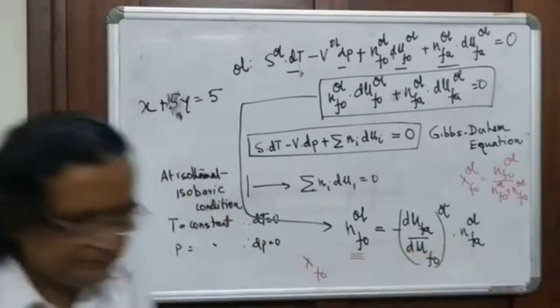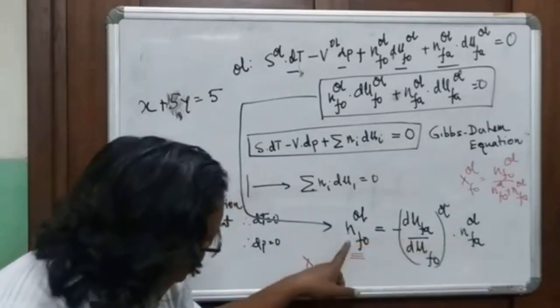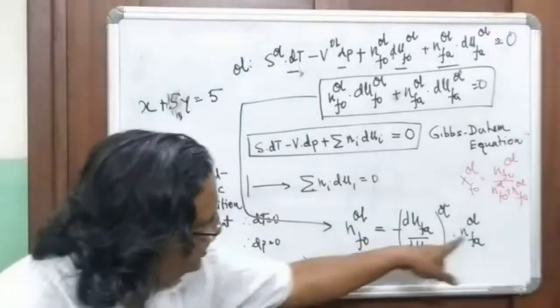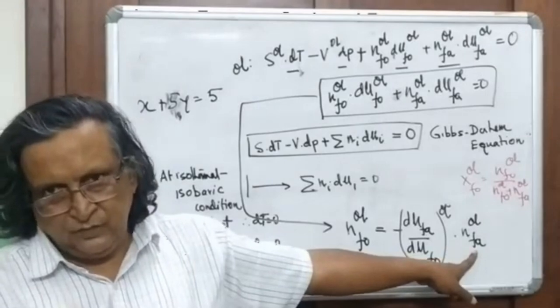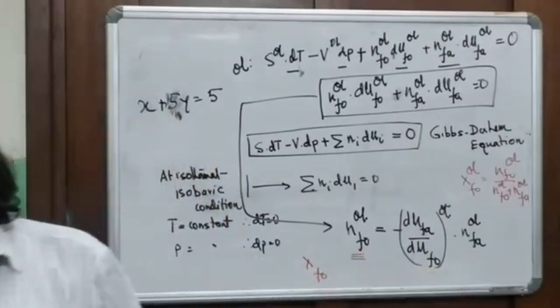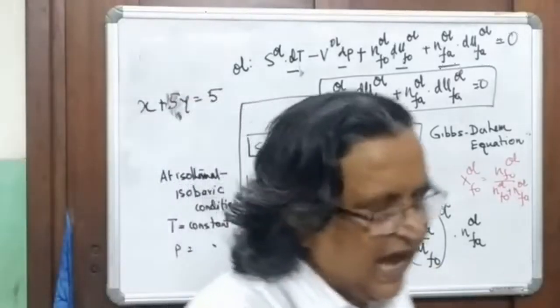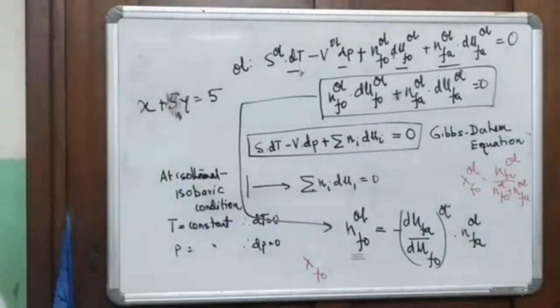Look here. If you want to keep this at a particular value, this is fixed. But if you want to change this, this has to change. That is very important.